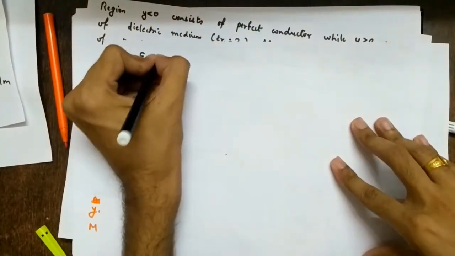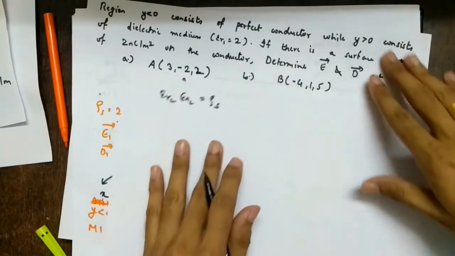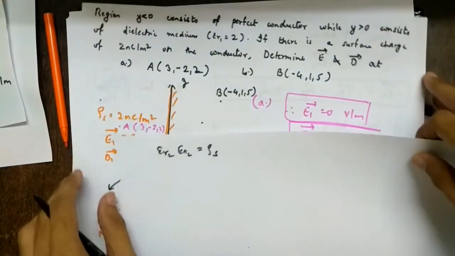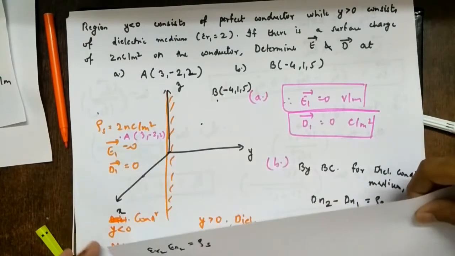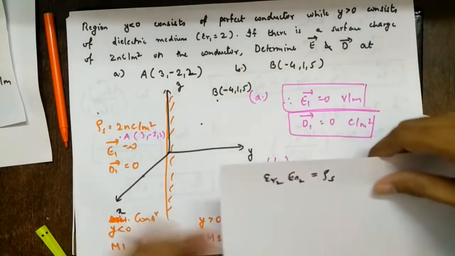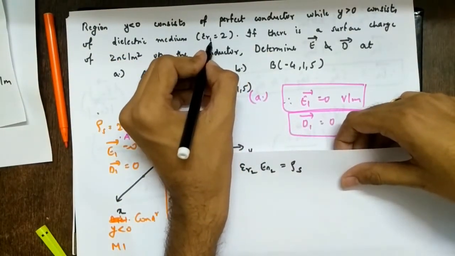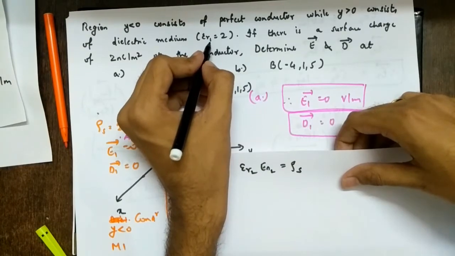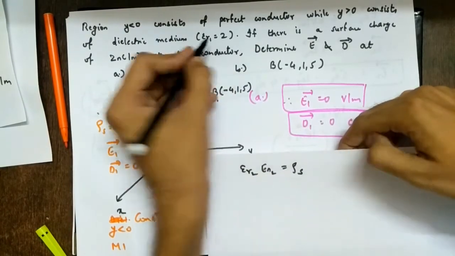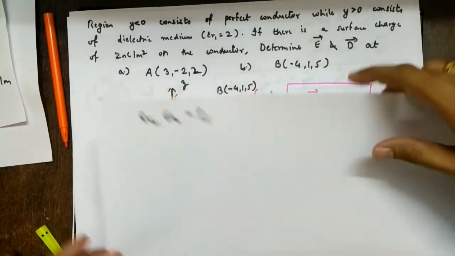So again I'll read epsilon r2, sorry, so epsilon r2 en2 equal to rho s. So what is epsilon r in the medium 2? Oops, I made a mistake. What they have given, dielectric medium is medium 1, right? So this should be 1 actually, and this should be 2. So make sure while solving you do that.